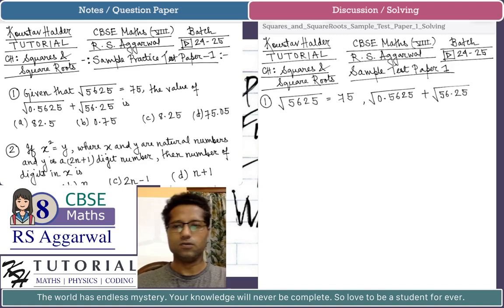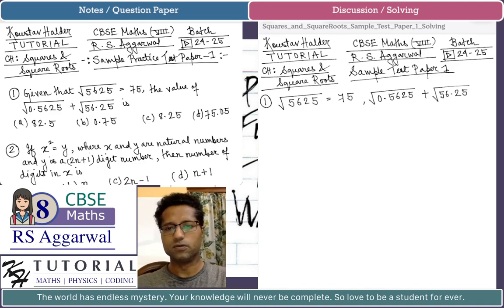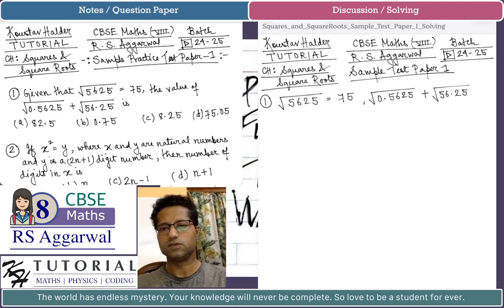As you will notice, in the given square root the number inside is a natural number 5625, whereas in the value that we have to find, inside both the square roots we have the same number but in decimal form.